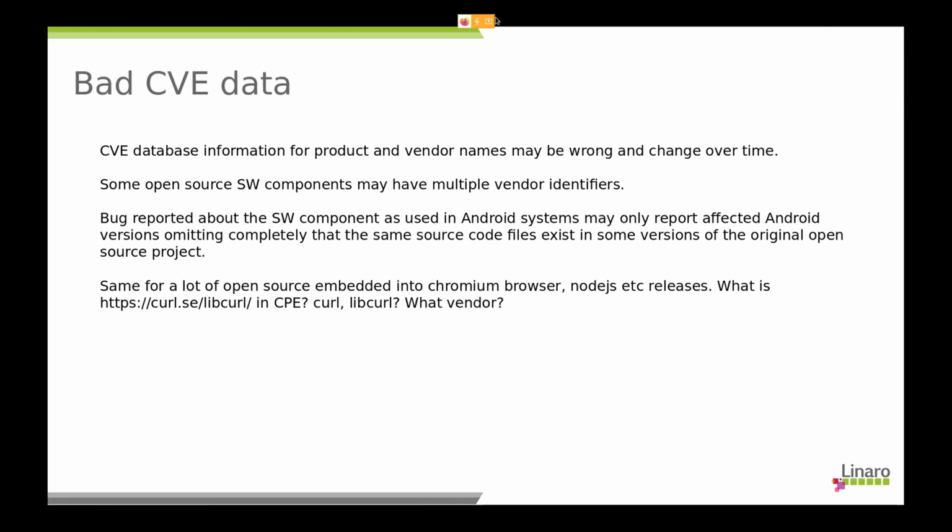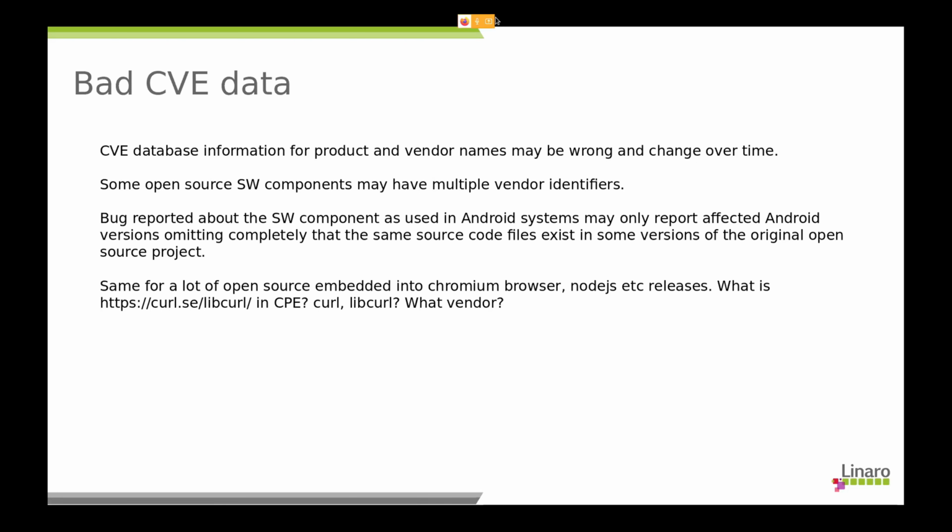Yeah, and the CVE data can be wrong. The product names and vendor names may be wrong. One example that I have here is the Android report. Security researchers may be looking at the Android build system, which embeds some open source software components, and they may even be patching it and using a different build system, for example the Android specific one, not the upstream one.